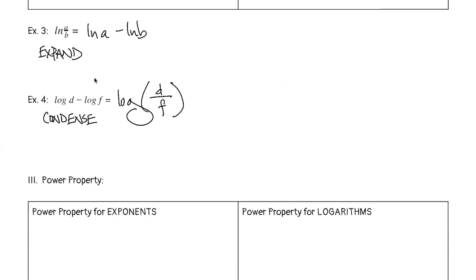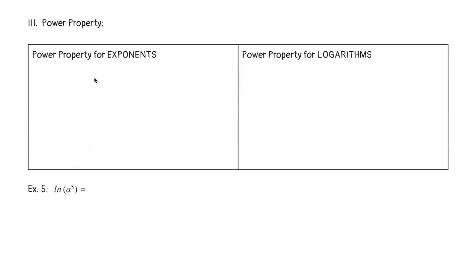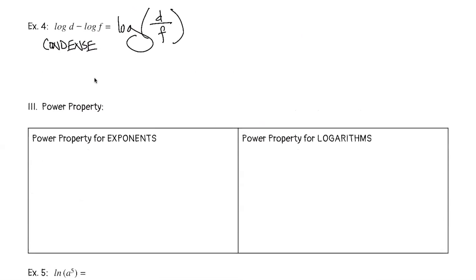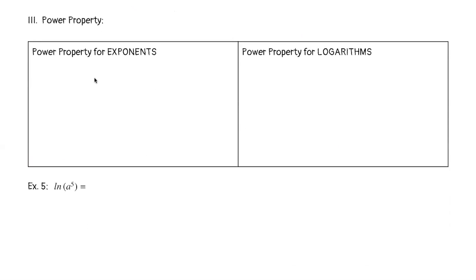We've got one more property here, and Eric, this is, I think, the answer to your question. Okay. So thank you for your patience, but also thank you for asking the right question. All right. So we know that there's a power property for exponents. In fact, we saw this earlier where we had something to a power and then raised to another power.